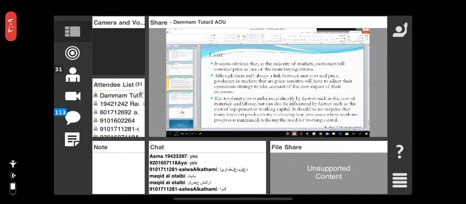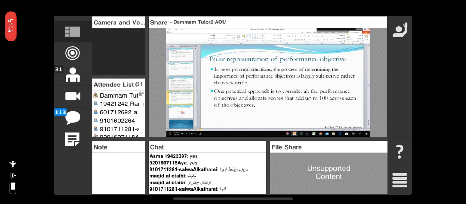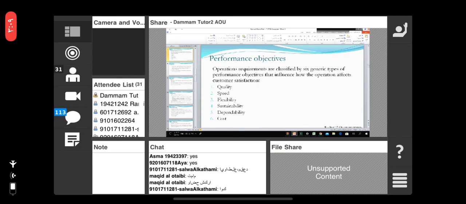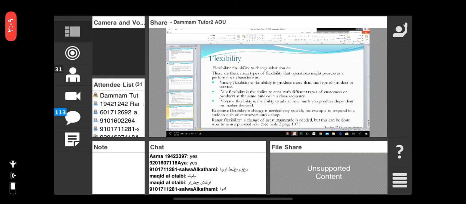So you need to do something to reduce the cost of your product. Okay guys, عرفنا ال 6 performance objectives: quality, speed, flexibility, sustainability, dependability, and the cost.